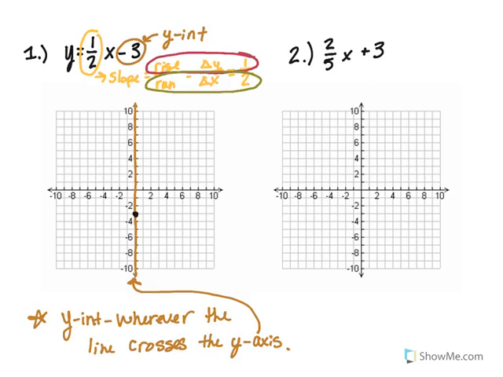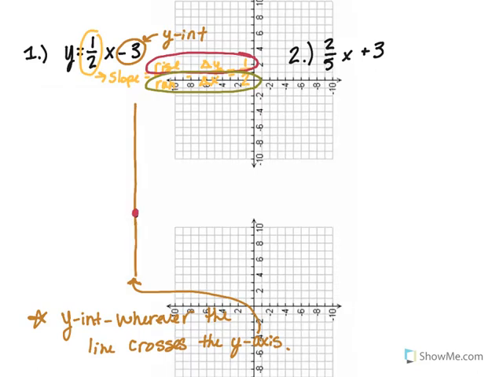Now, our rise or our change in y is 1. I'm going to try to draw this so you can visualize it a little bit. We're going to start at that black point, but then our rise or our change in y is 1, so I'm going to go up 1.